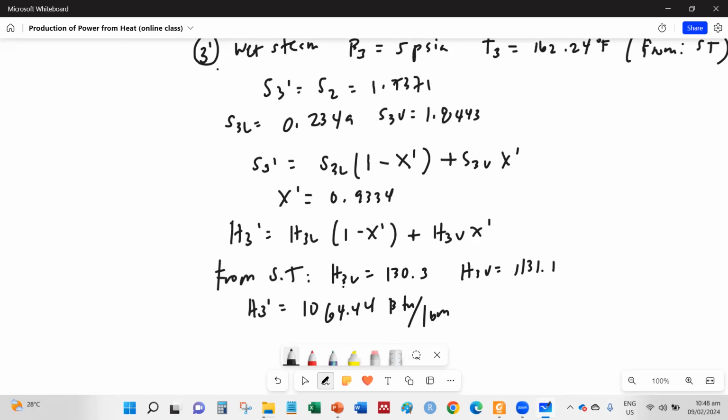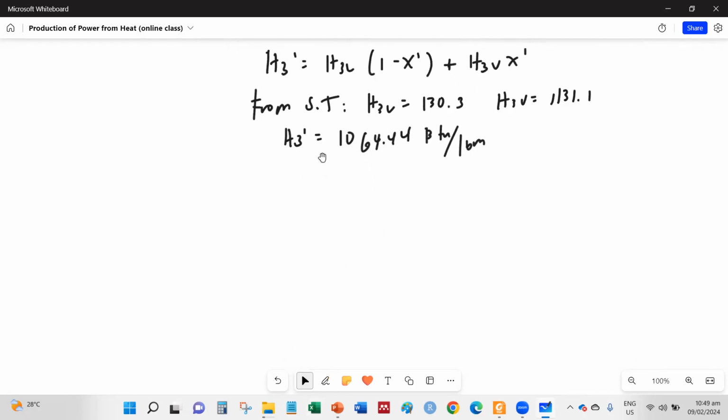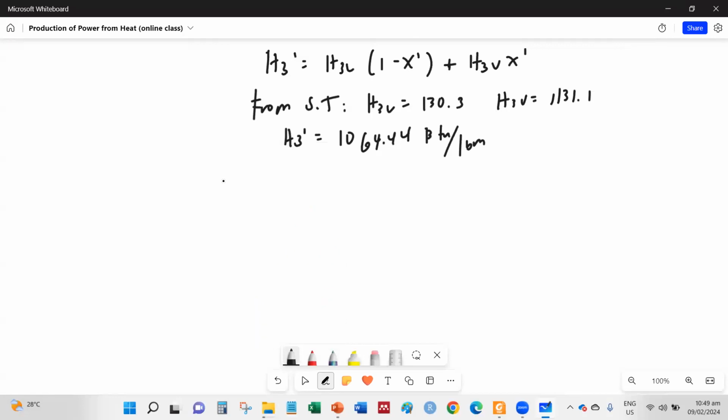So now that we have H3 prime, what would be our next step? We can calculate for the work ideal. Okay. So remember, what's the equation for a turbine? The work ideal is equal to delta HS times mass of flowing stream.